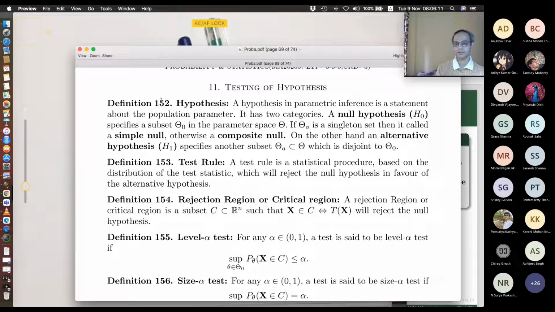Otherwise, evaluating the hypothesis or testing the hypothesis will not be possible. So say for example, if I state that the average score of your section in this probability course will be, say, 67%. My statement might be correct, might be wrong.